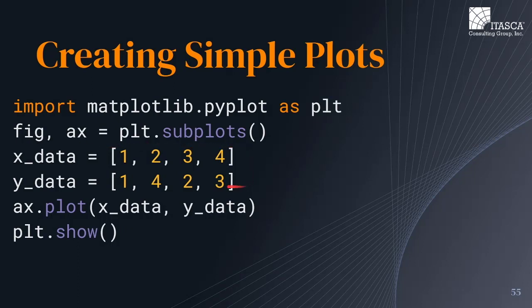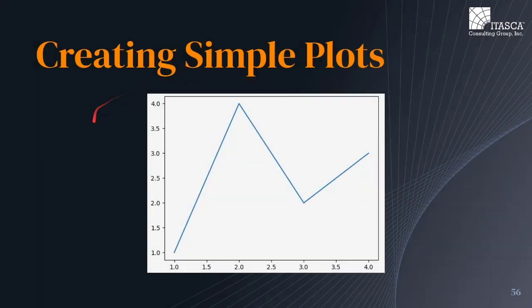After initializing some x and y data, we can then use the plot function on the axes, passing in the x data and y data to create our plot. Finally, we can use the show function on the PLT subpackage to show our created plot. And after all that code executes, this will be the state of our plot.